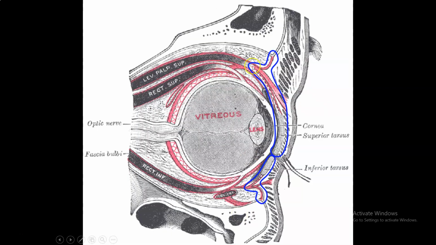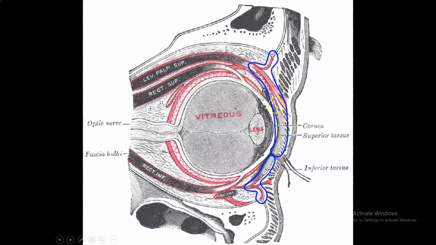This is the view showing the orbital septum from the upper border of the orbital rim and from the lower orbital rim going to the tarsus.